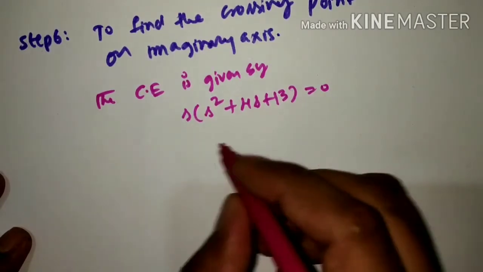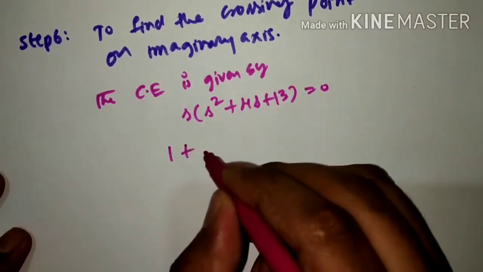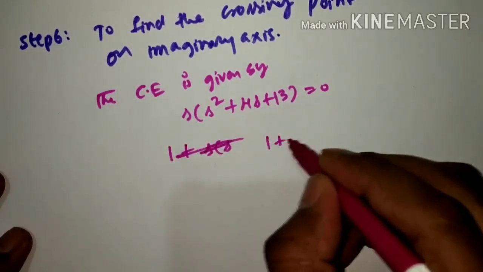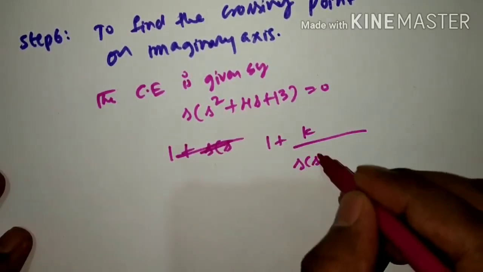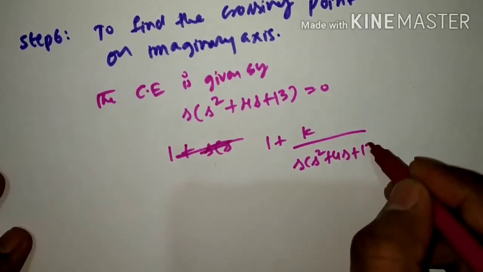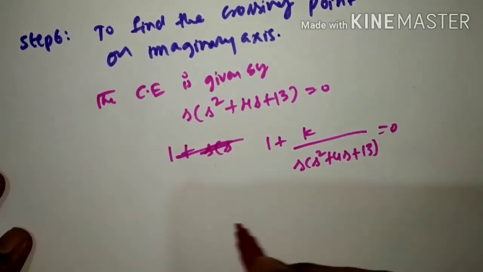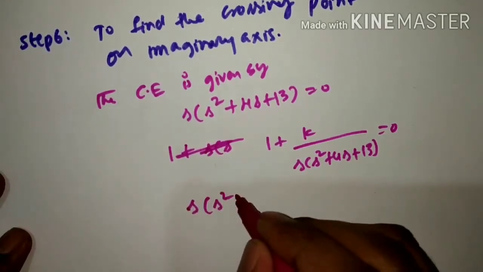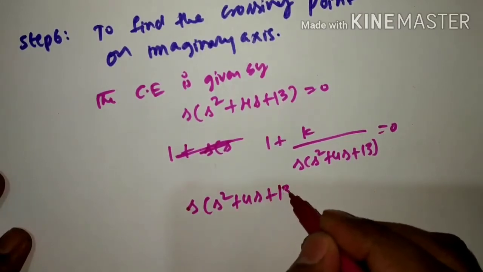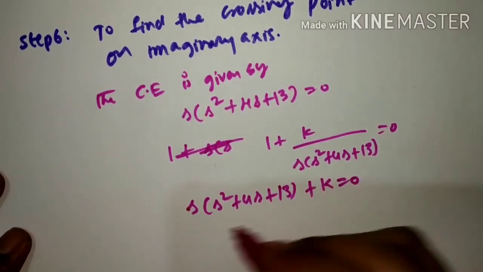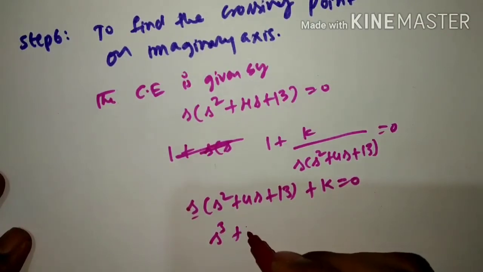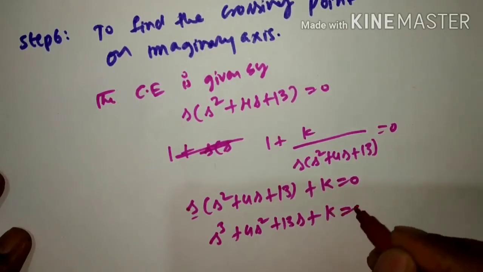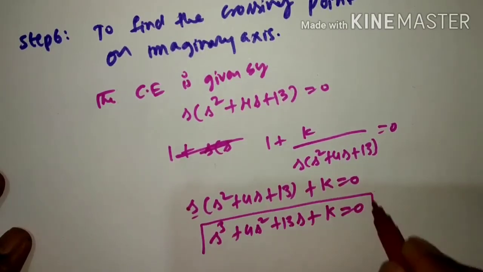So you get 1 plus k by s into s square plus 4s plus 13 is equal to 0. When you cross multiply, you get s into s square plus 4s plus 13 plus k is equal to 0. When you multiply, s cube plus 4s square plus 13s plus k is equal to 0. So this is our characteristic equation.